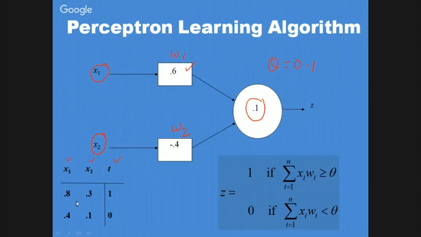In the first case x1 is 0.8, x2 is 0.3, and the target is 1. In the next case, x1 is 0.4, x2 is 0.1 and the target is 0. Now we will see how we get the actual response, how we get the error, and how the weights will be modified.